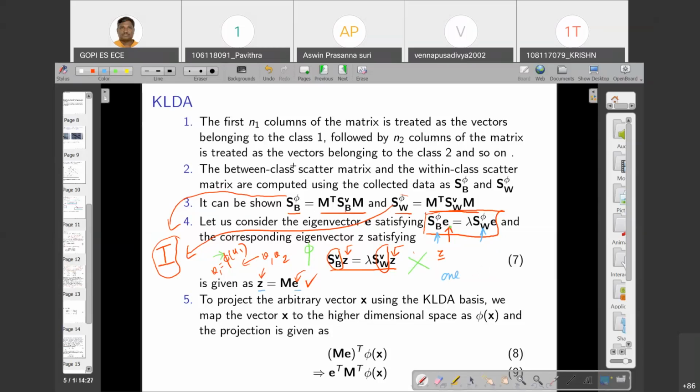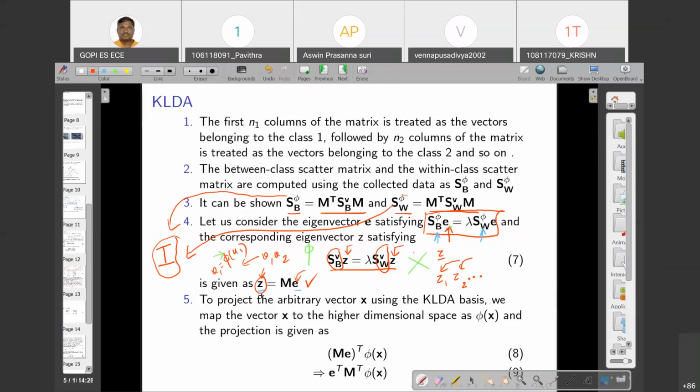We compute these eigenvectors, for example Z1, Z2, and so on, corresponding to the largest eigenvalues, and we project the vector using these eigenvectors. In PCA as well as LDA we do the same thing. Like that, here we are finding this vector Z equal to M into E. We find E and then we compute this Z.